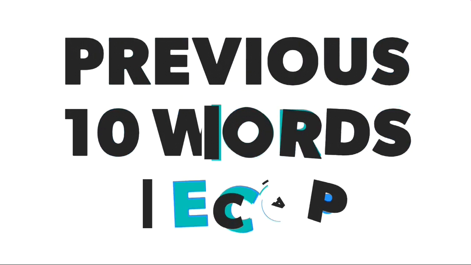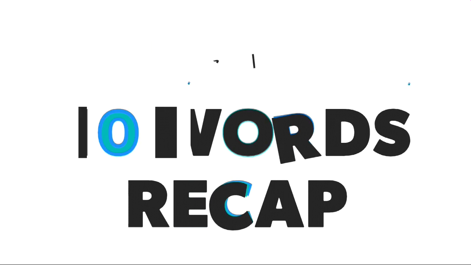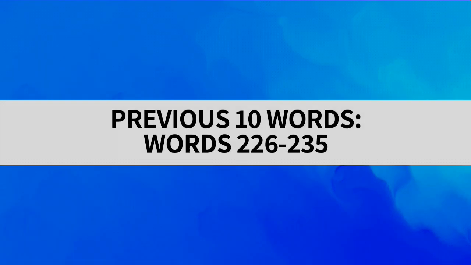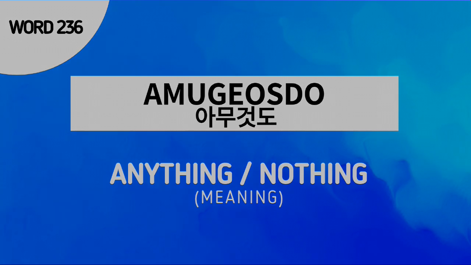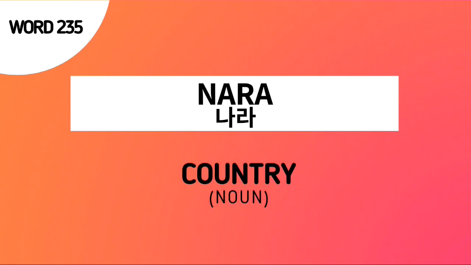Now let's proceed to the previous 10 words recap. As of now, the previous 10 words are words number 226 to 235. But don't forget our word for today, word number 236, 아무것도, which means anything or nothing. The first word for our review is word number 235, 나라, which means country.